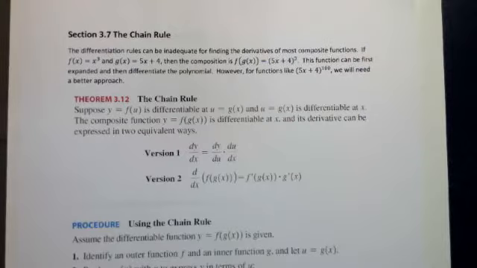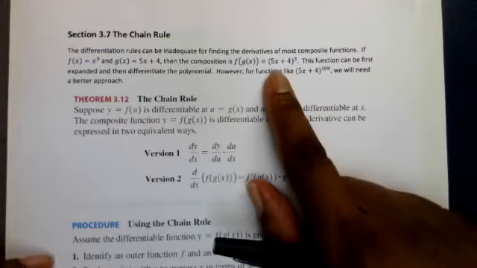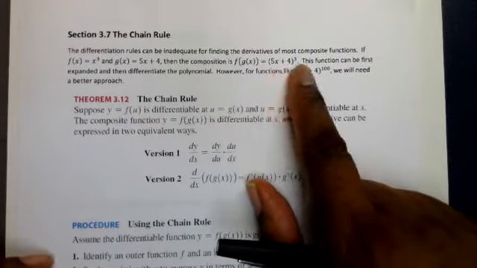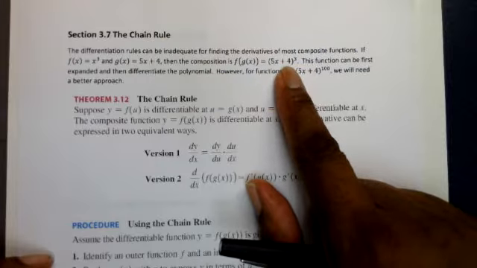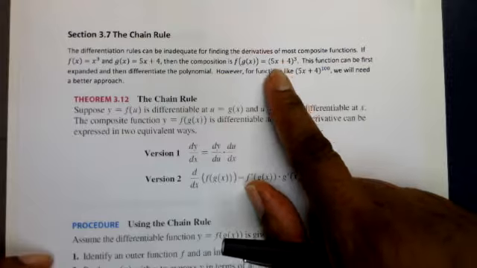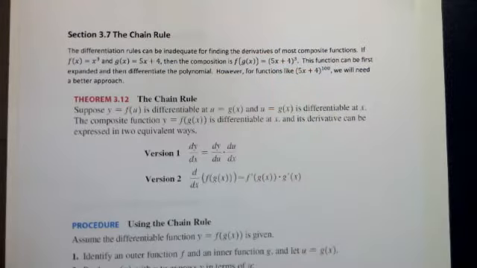Now, this function can be first expanded, and then we can differentiate the polynomial. Because we're cubing a binomial, we can expand this out and then take the derivative of that expanded function.